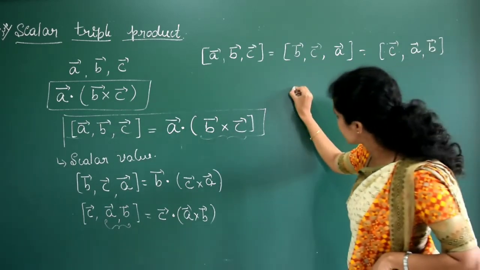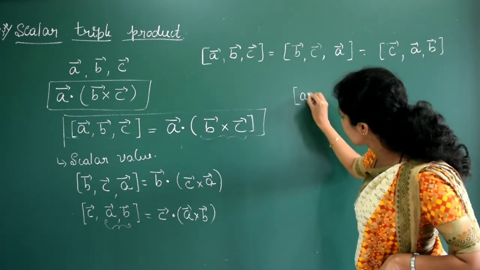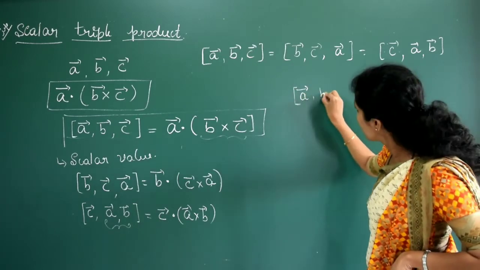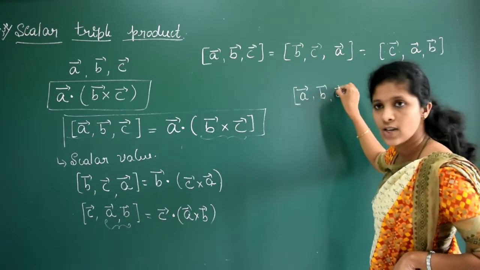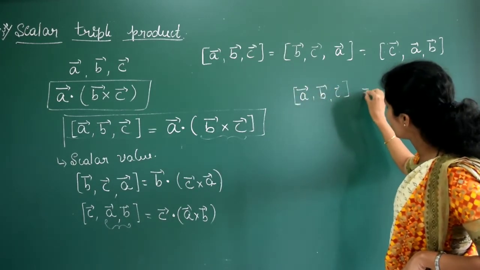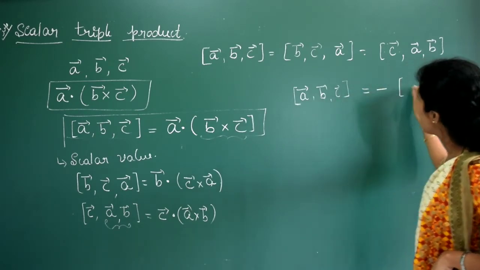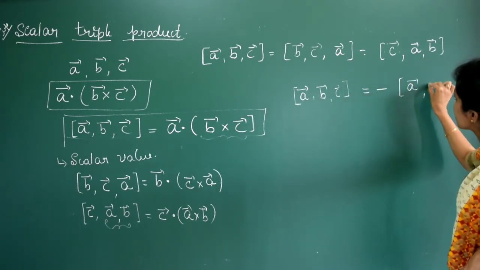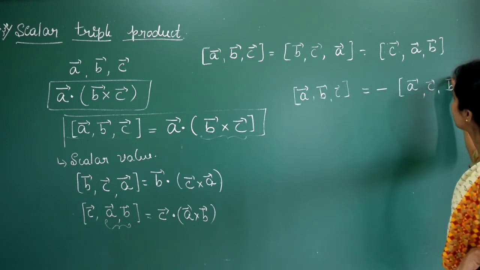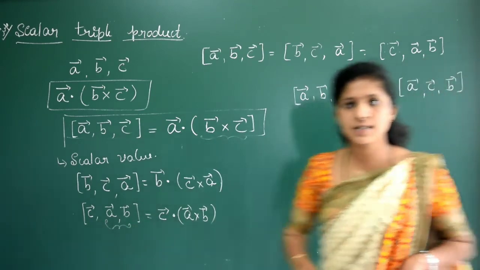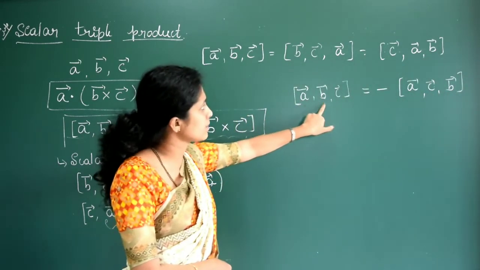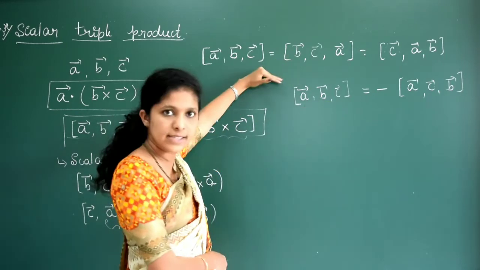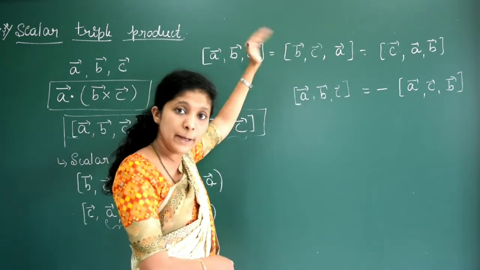Now listen carefully. A vector, B vector, C vector is equal to minus of A vector, C vector, B vector. See the difference between these? If you take the cyclic order, obviously those will be equal.